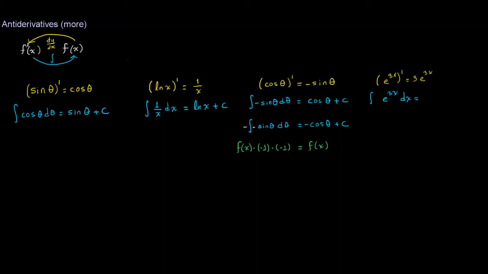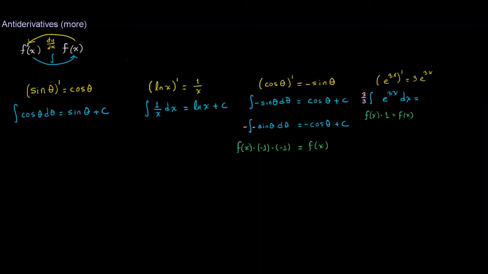What we can do here is use another principle. If you take a function f of x and multiply it times 1, this is still f of x. So I can multiply this expression by 3 over 3, which is equal to 1.